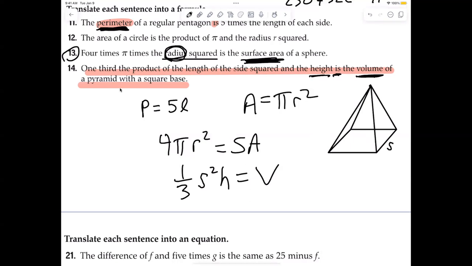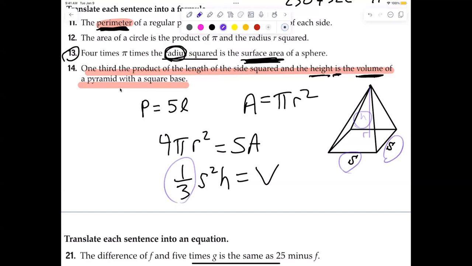This is the side length. This is the side length. And then I'm going to draw in the height for you. The height is this distance from here to here. You with me now, right? So the volume is just this times this times this times 1/3. Okay. All right, that was kind of tricky.